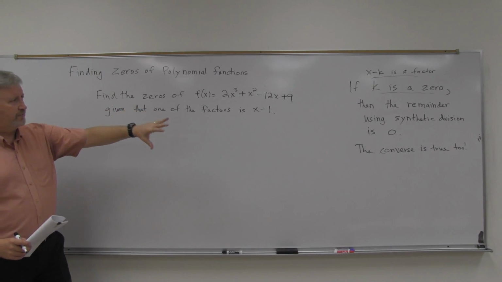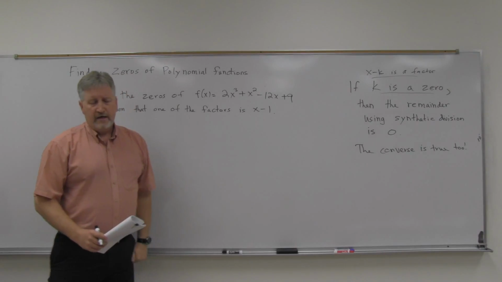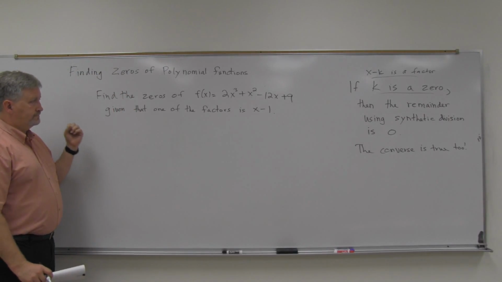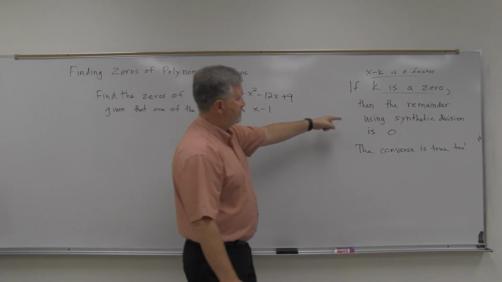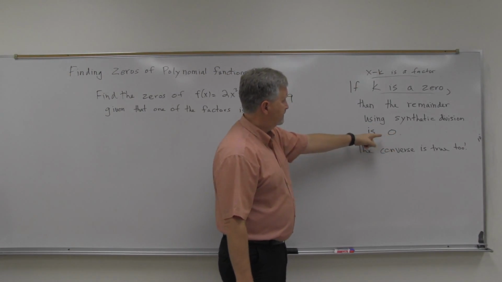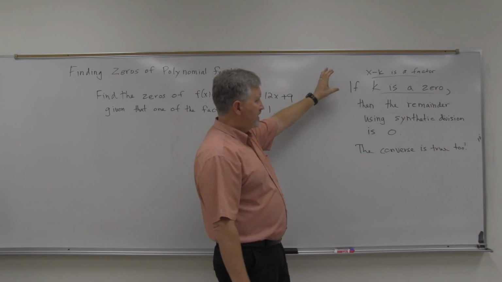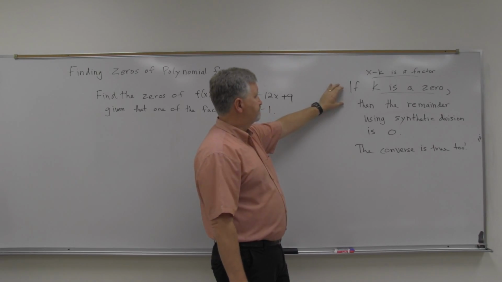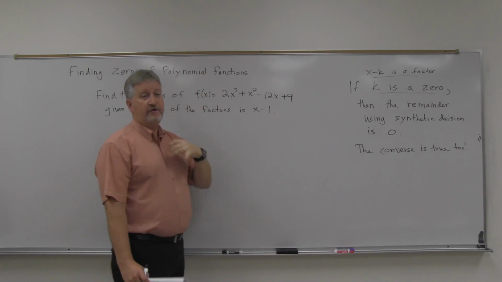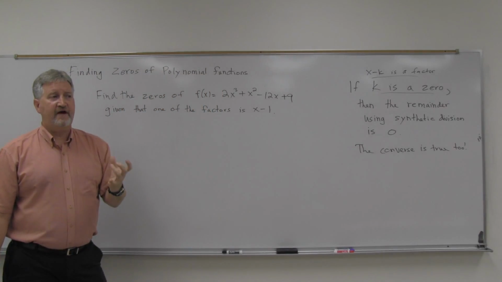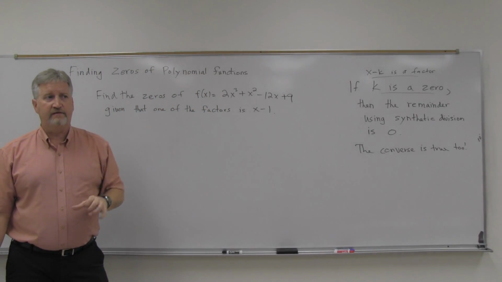Now, to fit it into what we were just saying about synthetic division, if k is a zero, then the remainder, using synthetic division, is 0. So if I've got x minus 1 as a factor, what's the zero? X equals 1.